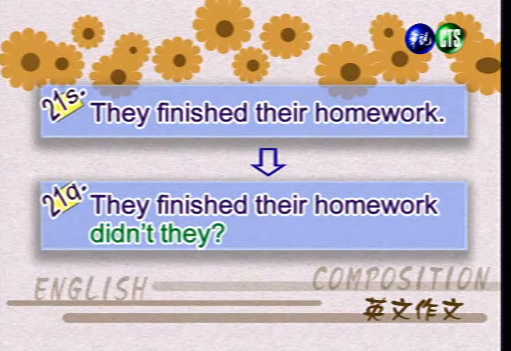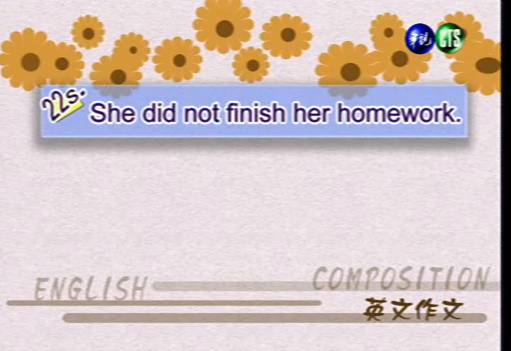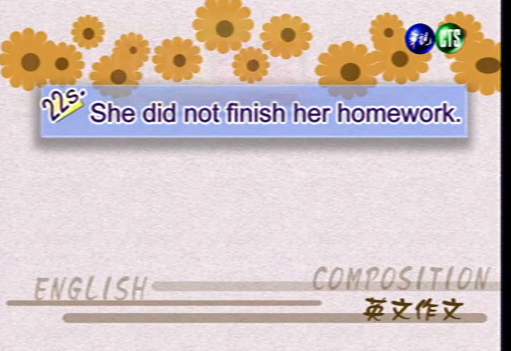All right, now let's take a look at sentence 22 in your textbook. We have, she did not finish her homework. The main part of this sentence is negative. We had did not.